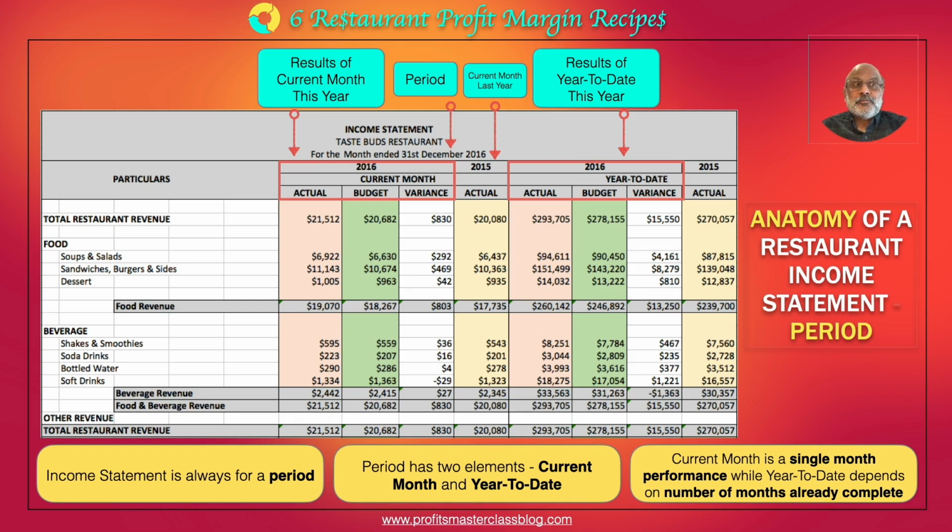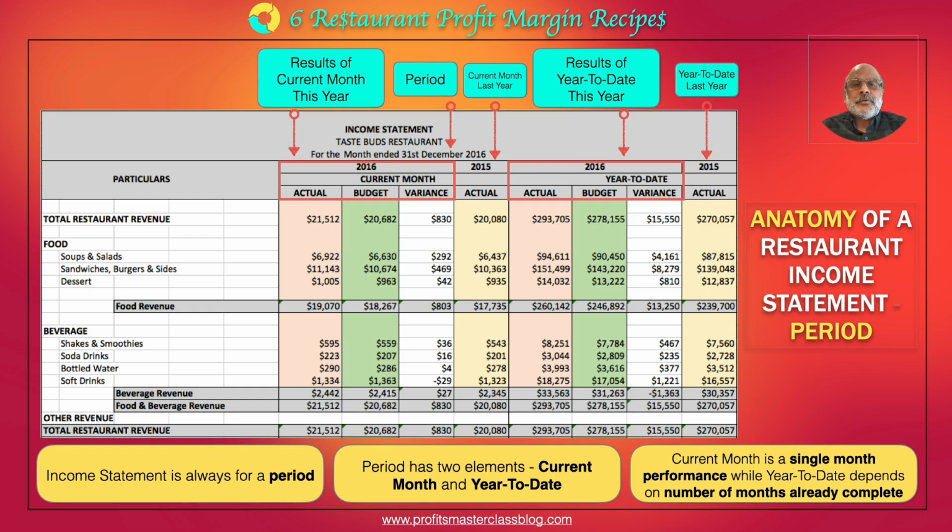So current month is for 1 month, this year to date is for 12 months. And the comparison again in this year to date is made to the previous year. So the previous year 2015 also has numbers for 12 months.